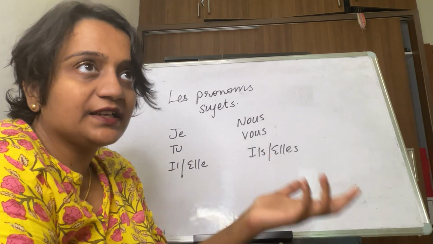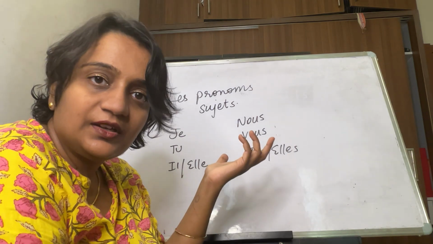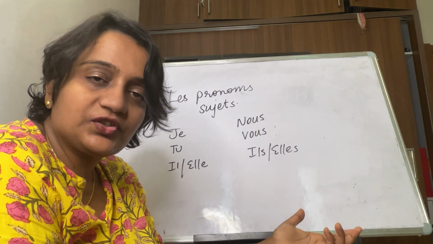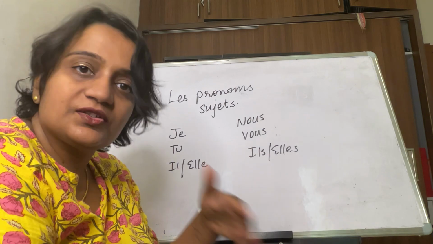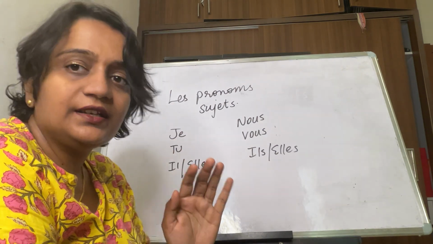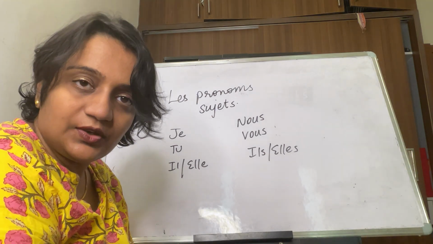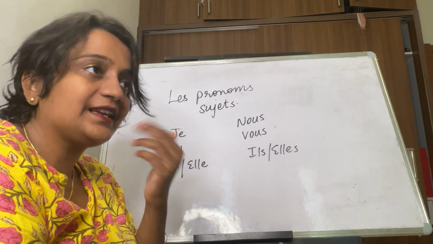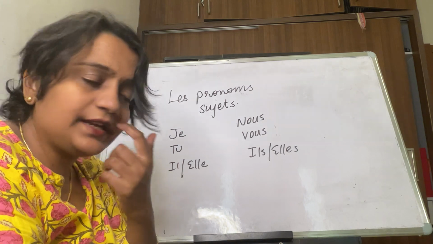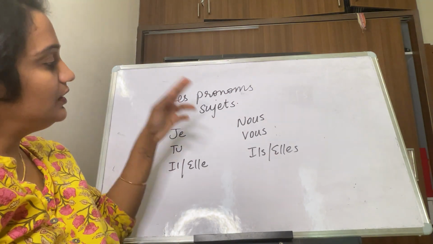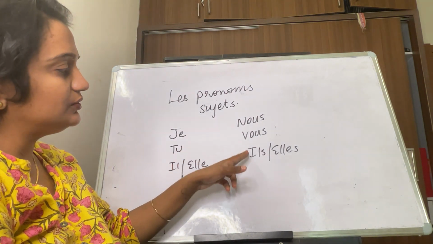Since all objects also have masculine, feminine, we saw, no? Arbre is tree, arbre is masculine. So everything is masculine, feminine. So they decided, let's not do an it only. Let's just reuse il for objects also. So depending on the sentence, you may read it as he or as an it. Now, nous, vous, and ils.